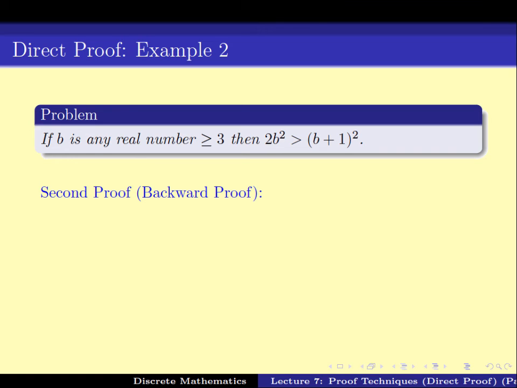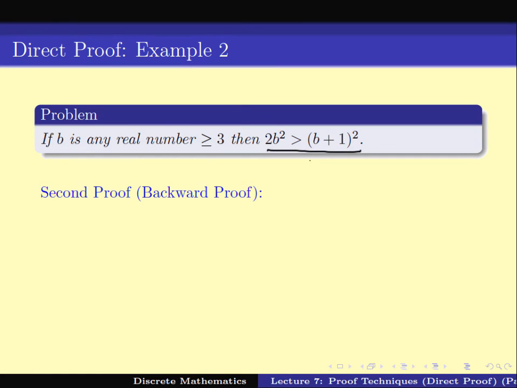So the backward proof of it would be to play around with the b, the part we have to prove. Namely, in this case, what do we have to prove? 2b square is greater than b plus 1 whole square for b greater than or equal to 3.